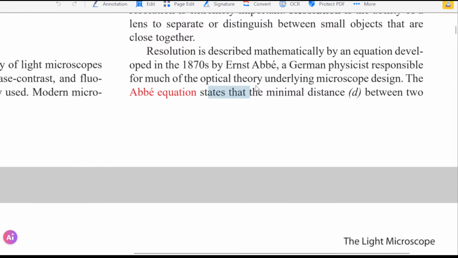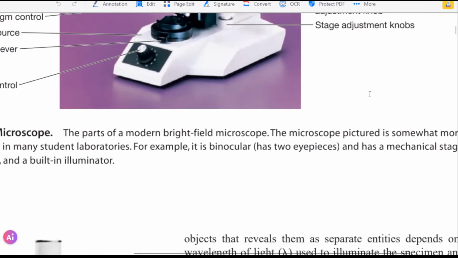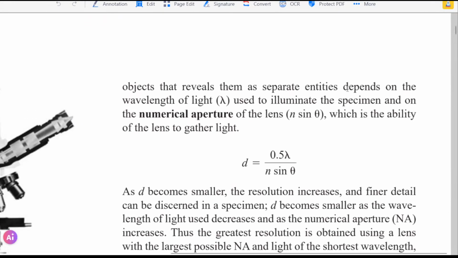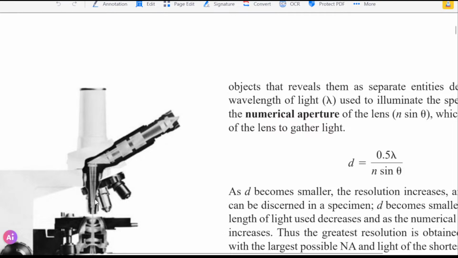The Abbe equation states that the minimal distance d between two objects that reveals them as separate entities depends on the wavelength of light used to illuminate the specimen and on the numerical aperture of the lens, which is the ability of the lens to gather light. So this scientist found the distance needed for the lens and the light, like a focal length.